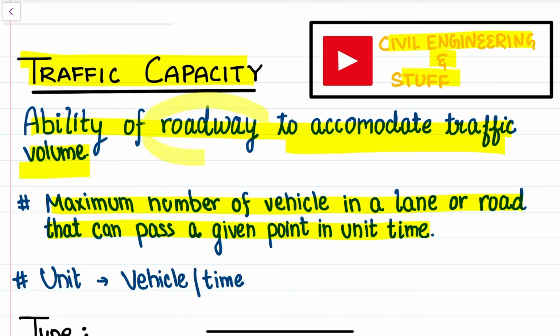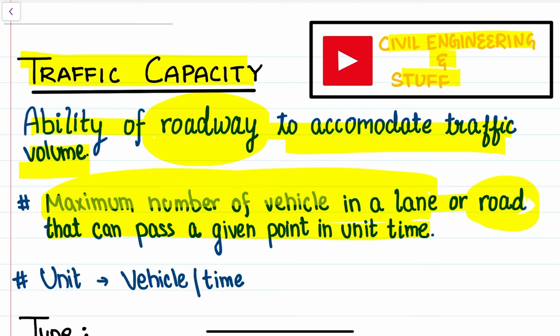Ability of roadway. The point of reference is the road section. So the amount of vehicles in a unit time the road can accommodate. The maximum number of vehicles in a lane, if a specific lane is in our purview of the study section, or if it is a road, then that is our study section. The maximum number of vehicles that the road can accommodate or can pass in a given unit of time.